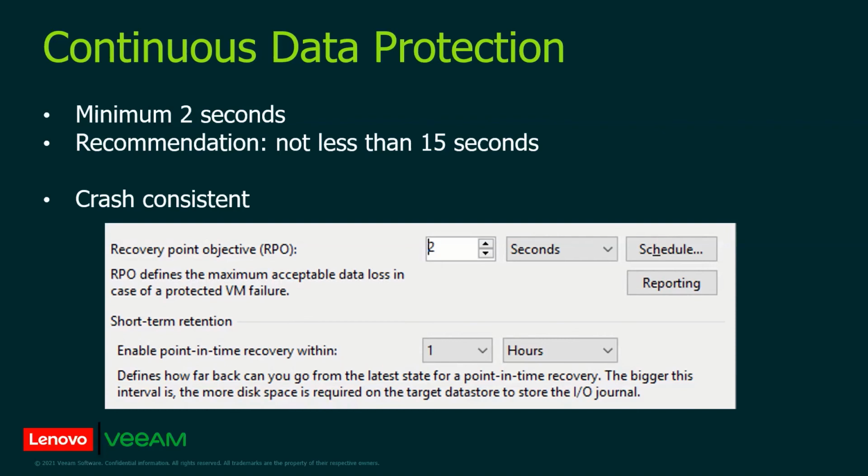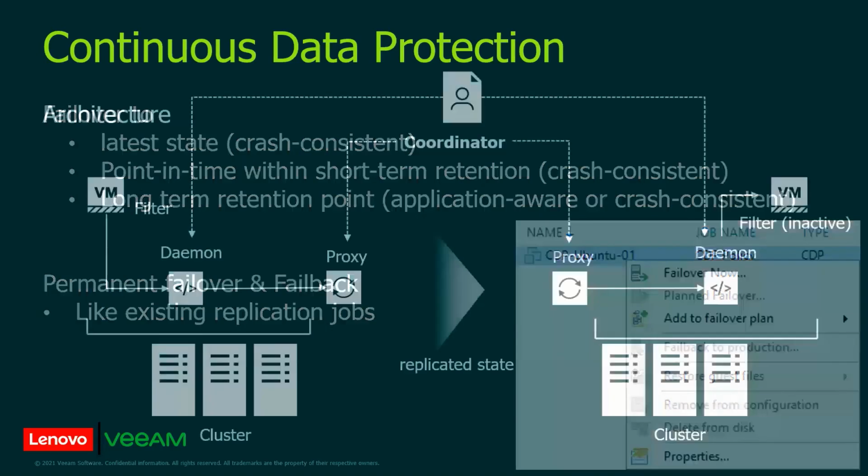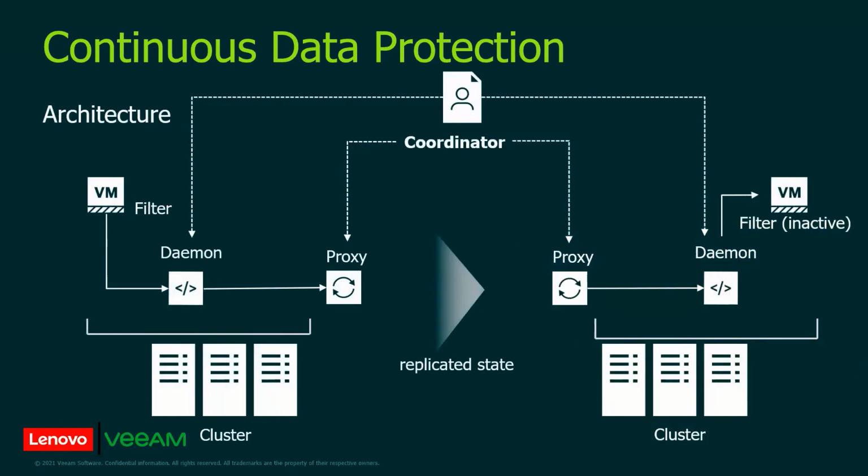And we can do both crash consistent and application consistent points, so that you can tell your CDP policy to create a crash consistent state every 5 seconds, and then every hour create an application consistent state, and the failover and failback works just like you're used to with Veeam Backup and Replication for our traditional replication technology.